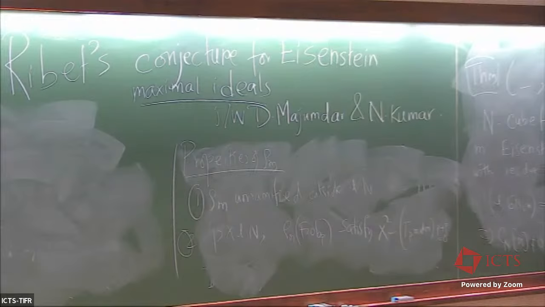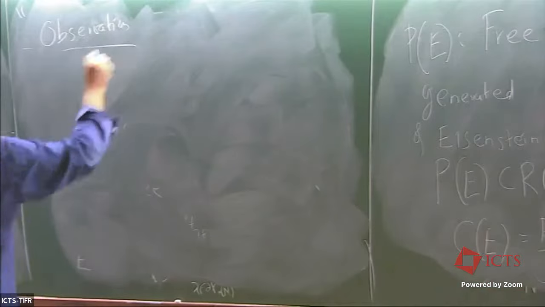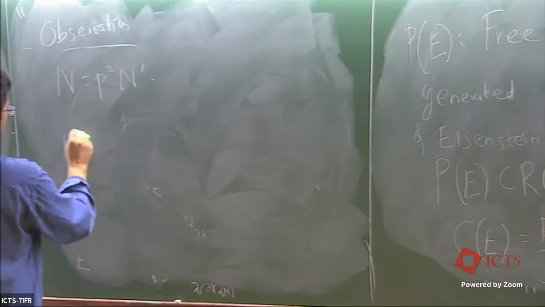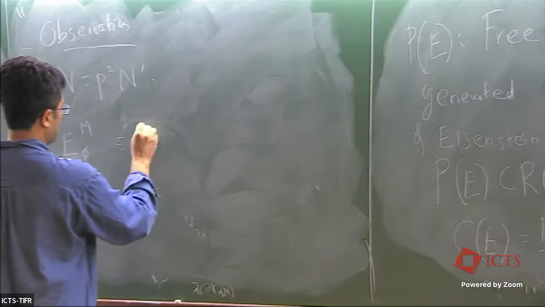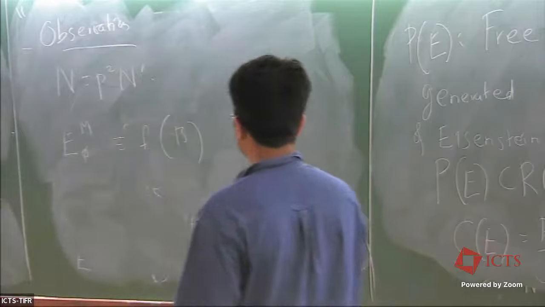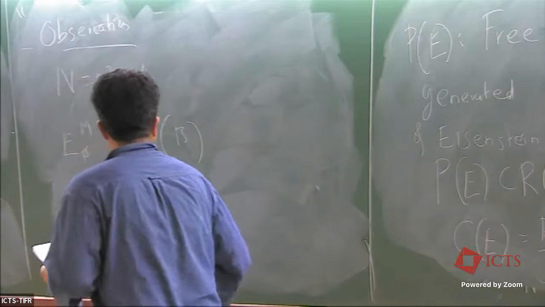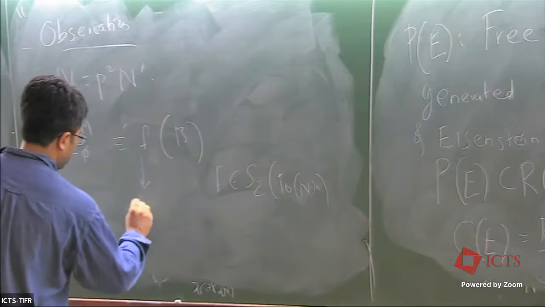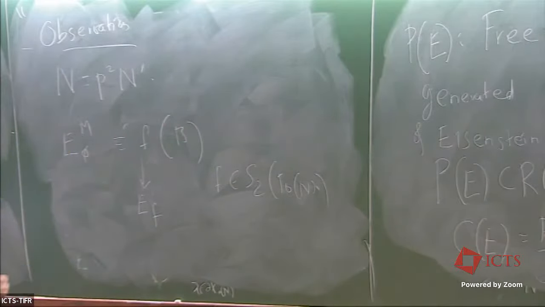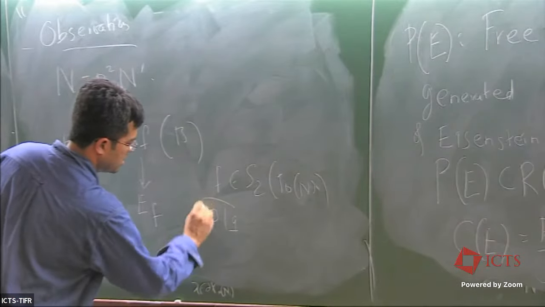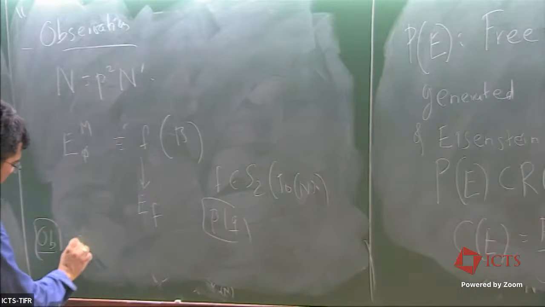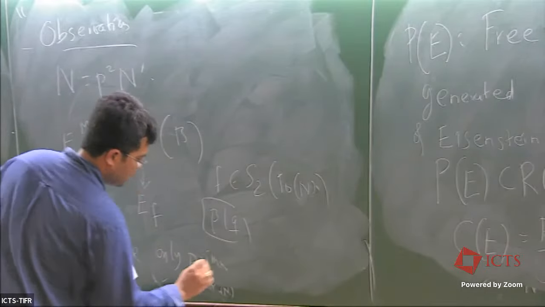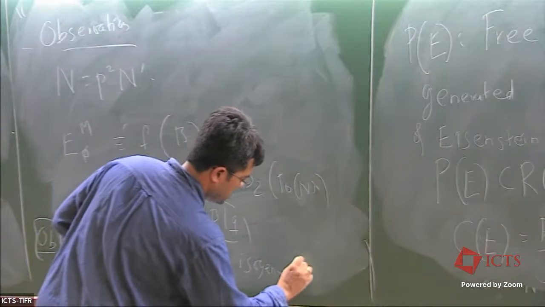If you take n to be p squared n prime, and if you take this phi of m, and this is congruent to p mod p, and I have an explicit recipe for how to do this, and this modular form in S2 of gamma naught of n corresponds to an elliptic curve EF, and it turned out that, let's say p divides q, q is the only prime isogeny other than 2, 3, p.